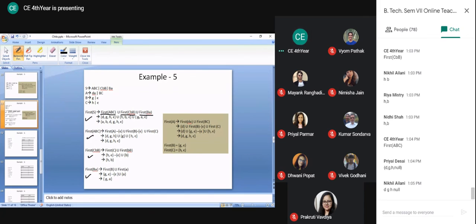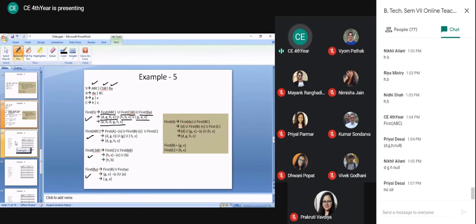These are three different alternatives, so if any alternative is giving null, it will be a part of first of S. Fortunately here, null is a part of all three, so no need to worry. But even if it were a part of only one alternative, we have to consider that.